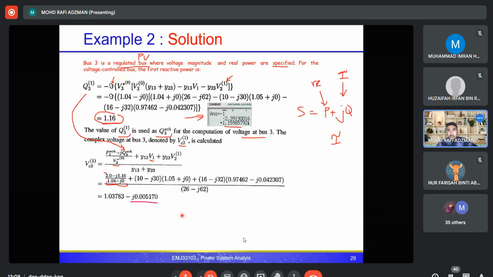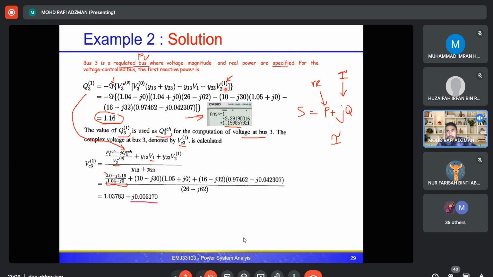Okay, so Q3(1) is equal to minus imaginary of V3 conjugate initial value times V3(0) times Y13 plus Y23, so this is a diagonal element, minus Y13 times V1 minus Y23 times V2 for your first iteration.